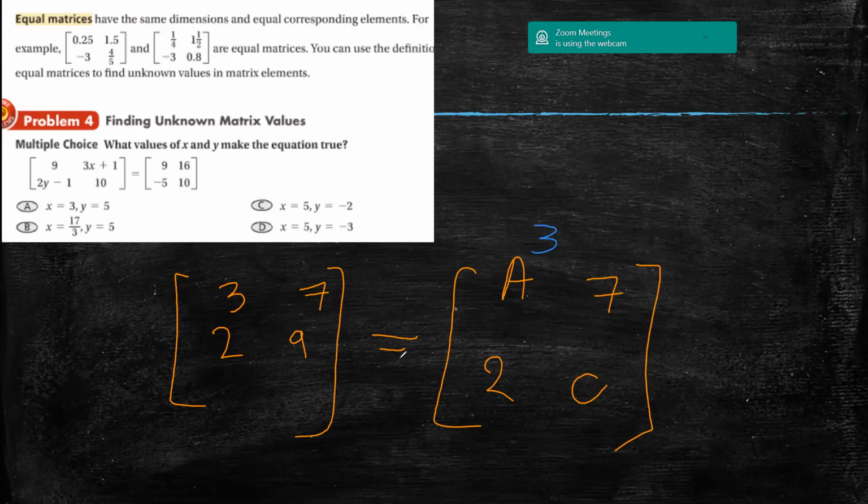And 7, C, sorry, it's going to be 9. Since they are equal, each corresponding element here is equal. So this is a way that I can know the values of A or any variable using the property that they are equal.